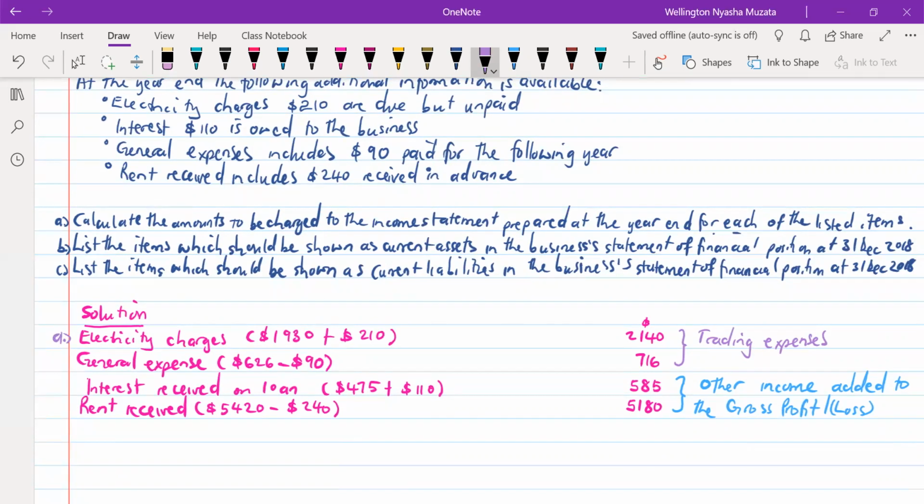Right, part B says list the items which should be shown as current assets. So we go to part B, current assets.